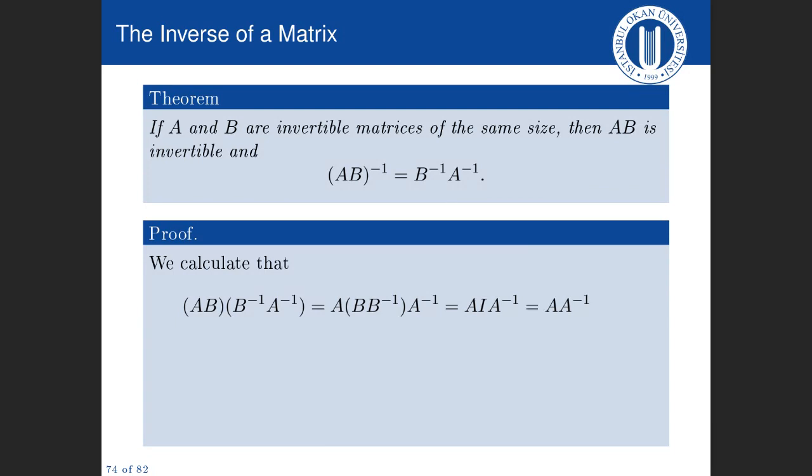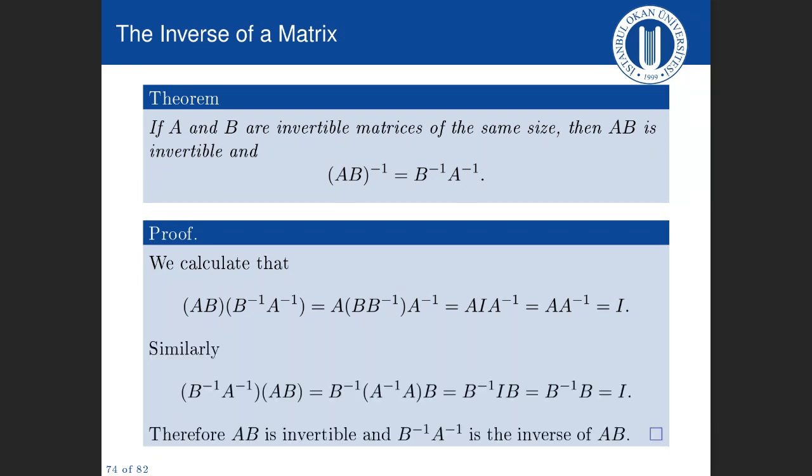So that's just A A inverse, which is the identity. And for the other way around, we also have that B inverse A inverse multiplied by AB is equal to the identity. That proves that AB is invertible, and because inverses are unique, B inverse A inverse is the inverse of AB.